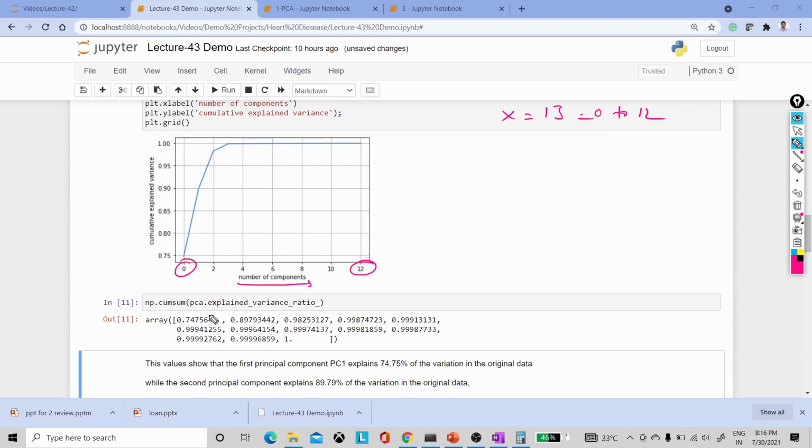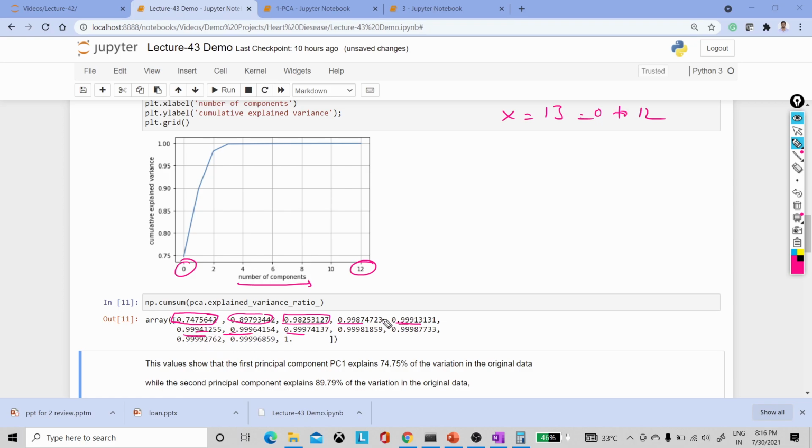Here my first PCA component explains 74%, and the second explains 89%. The third component explains 98%. From the fourth component onwards, approximately all values are nearly the same, 99, 99, 99, 99.